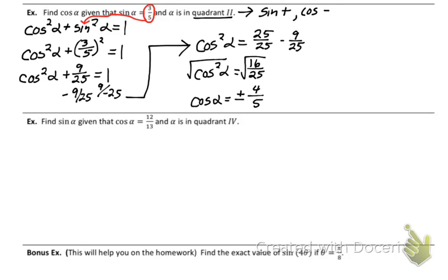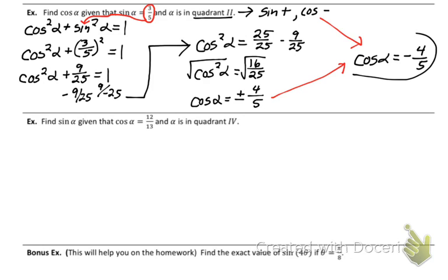So based upon the fact that we said it needs to be negative, and the fact that it could be either positive or negative 4/5, that's going to lead us to the answer that cosine alpha is going to equal negative 4/5. And that's our answer.